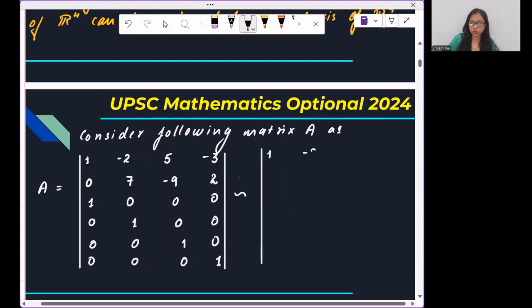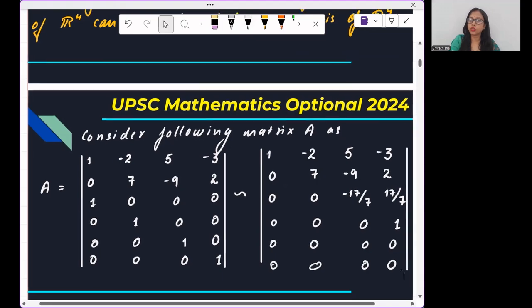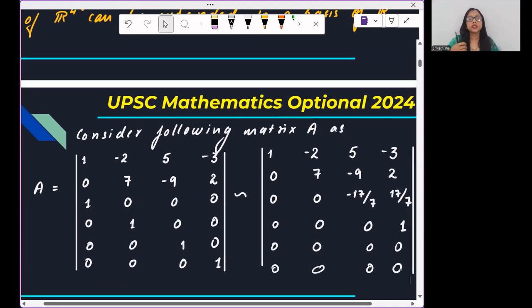So first row will be as it is, 0, 7, minus 9, 2, 0, 0, minus 17 by 7, 17 by 7, 0, 0, 0, 1, 0, 0, 0, 0. By applying all the sets of elementary operations, you can get to this. But again, this will not be a wise choice in the exam.